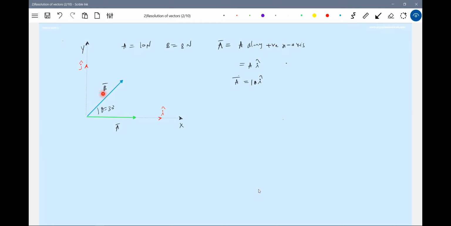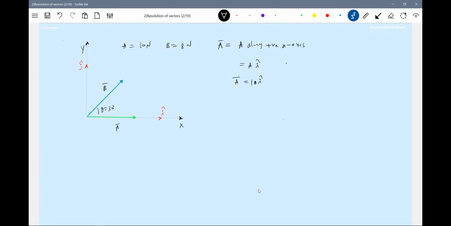What about b bar? Definitely, with the knowledge we have, we can't write it in terms of i cap, j cap. I'm asking you to write the vector b bar. Definitely you can't say just b bar.